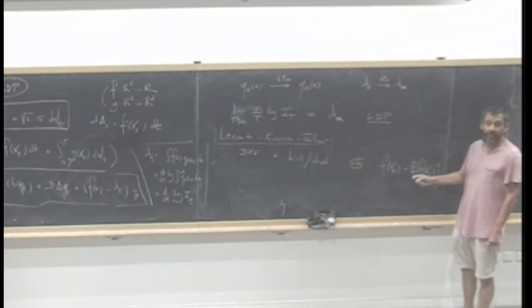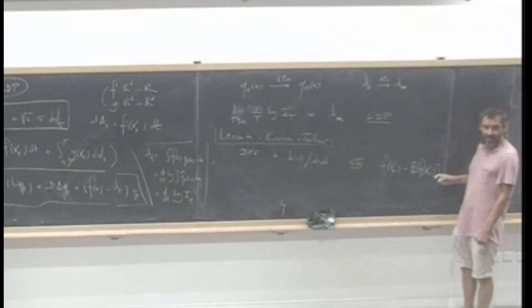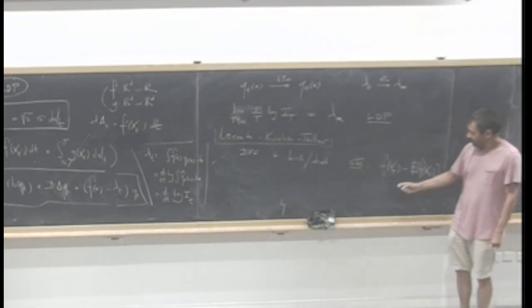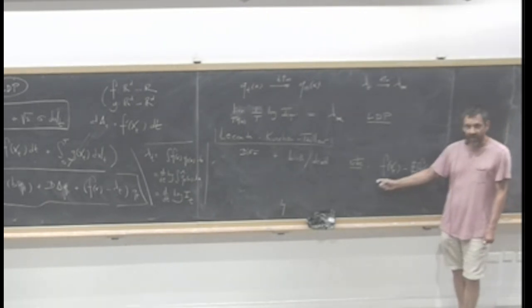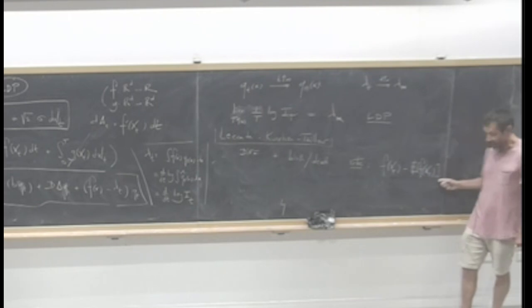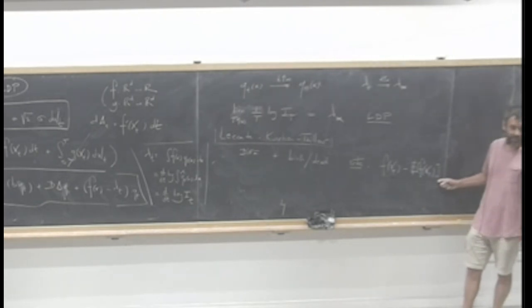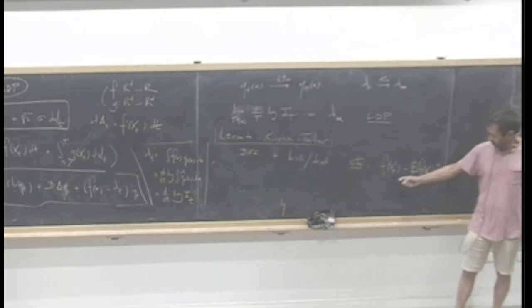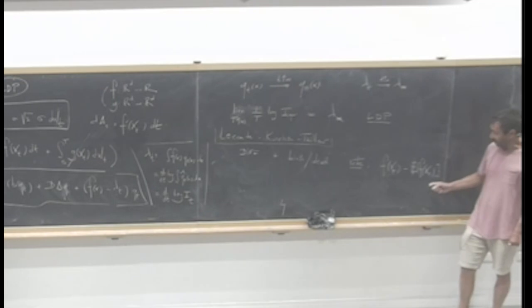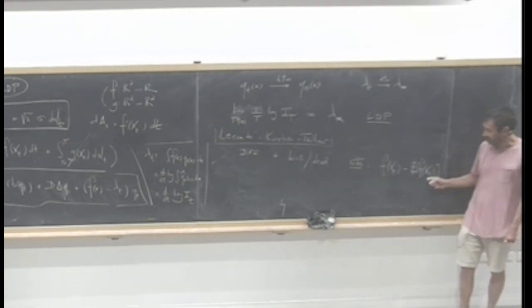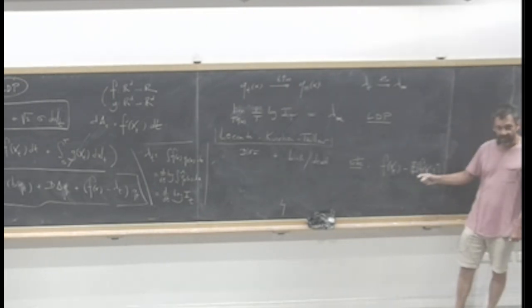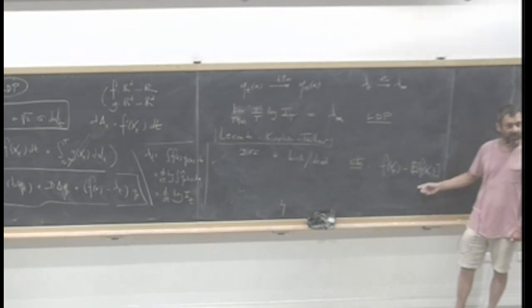That gives you a fitness baseline. And the particles that have a fitness above the baseline have a probability to duplicate with this rate. And the particles that have a fitness below that, so that this term is negative, die. Okay, that's the birth-death.